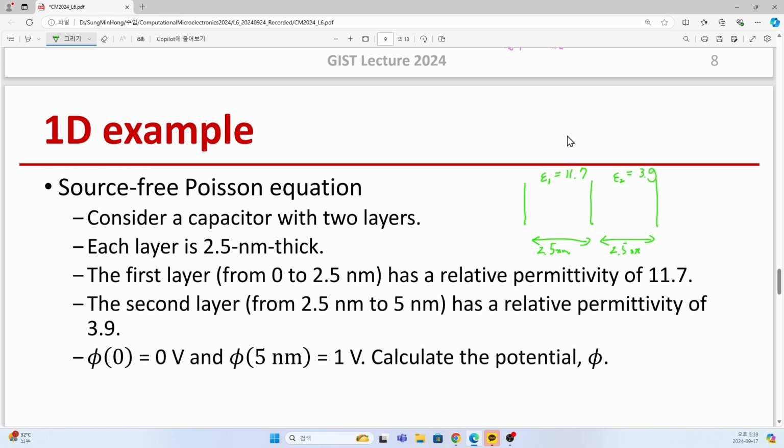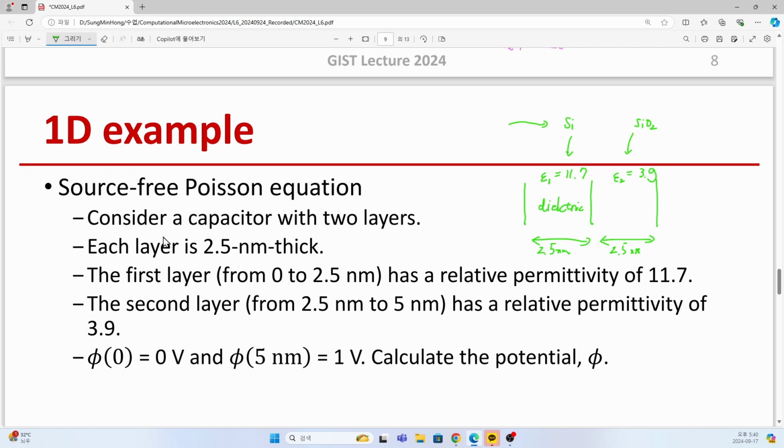Everybody in this classroom should understand that this corresponds to the relative permittivity of silicon, and this corresponds to the relative permittivity of silicon dioxide. So anyway, now we have silicon and silicon dioxide, but silicon usually has carriers. However, we will just treat this first layer also as a dielectric layer. There is no carrier at all, so we just treat it as a dielectric material.